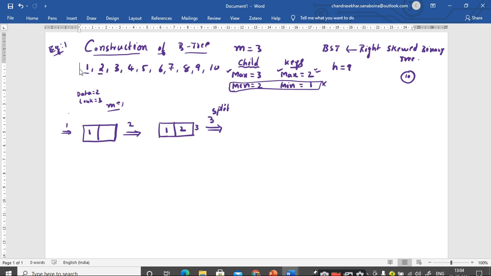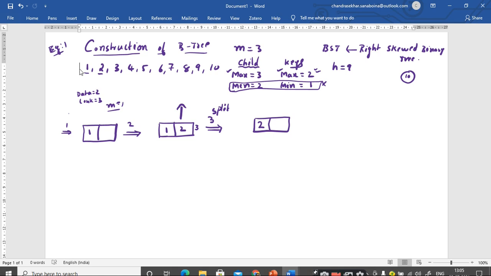2, sir. So the median should be pushed up as the root node. So I write like this. I know that every node consists of 2 data parts, so I put this here, and push this to the parent. Am I right or not?